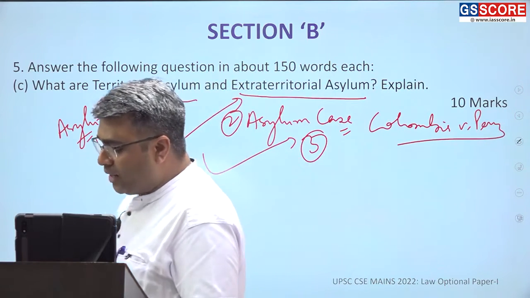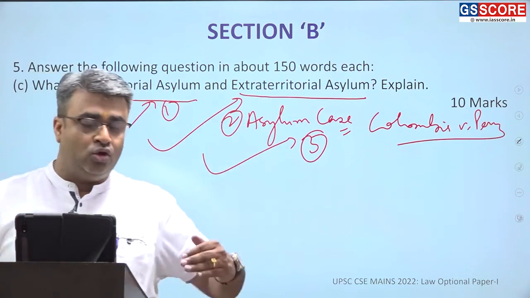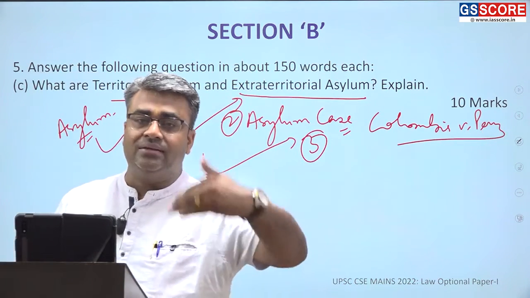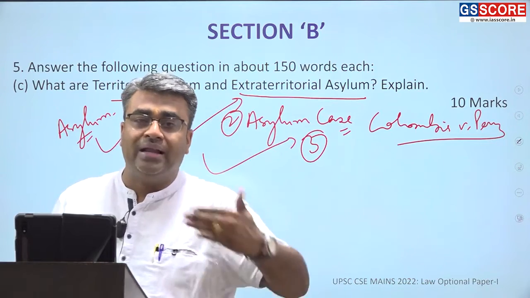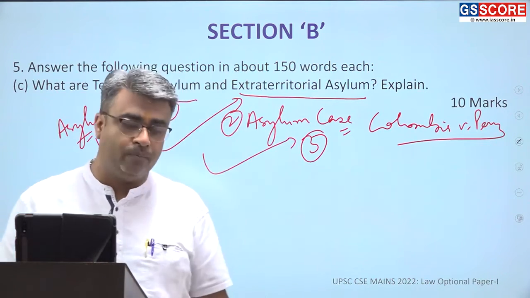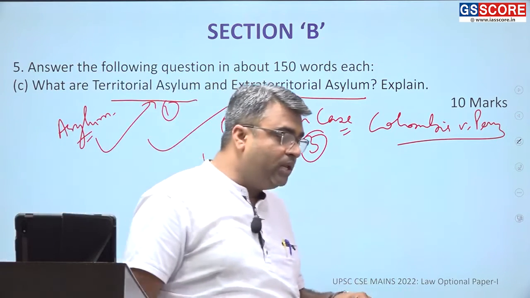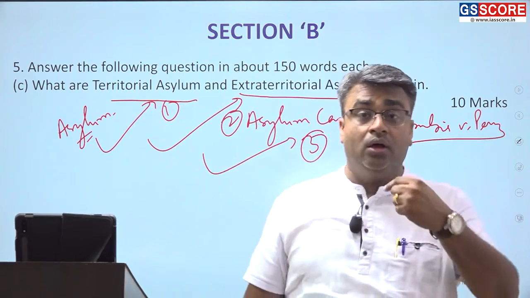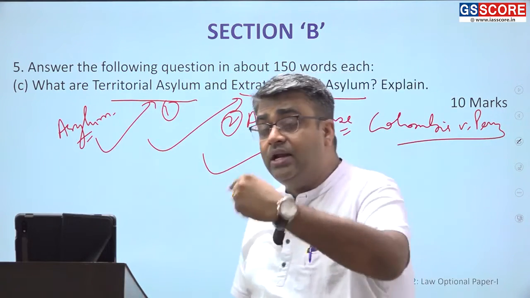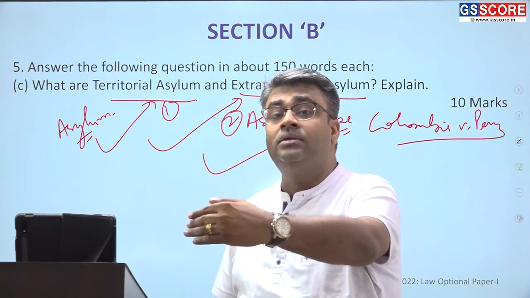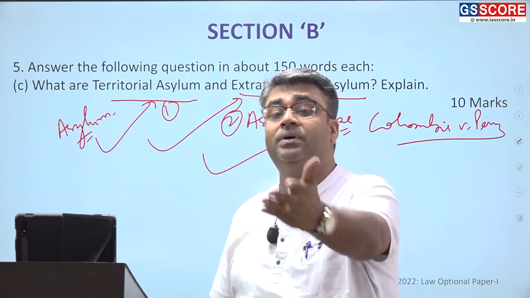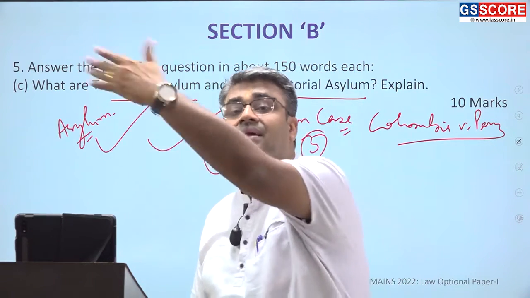So what is asylum? When you are giving protection to the offender of any other country in your territory, this we call territorial asylum. But when you are giving asylum to a person in the territory of some other country, for example, you are giving asylum to any person in your embassy in that country.